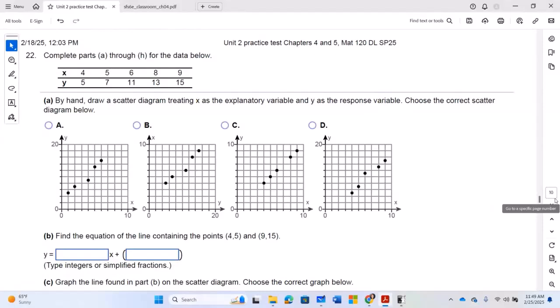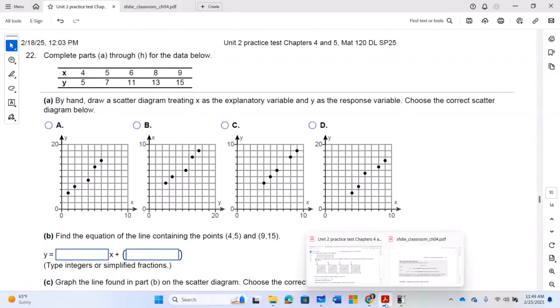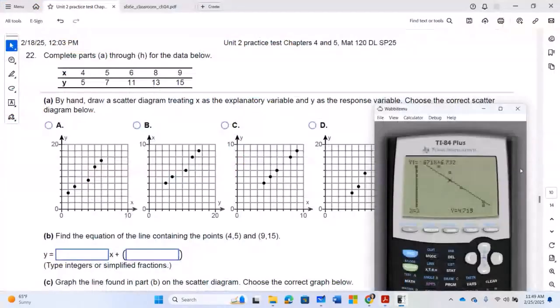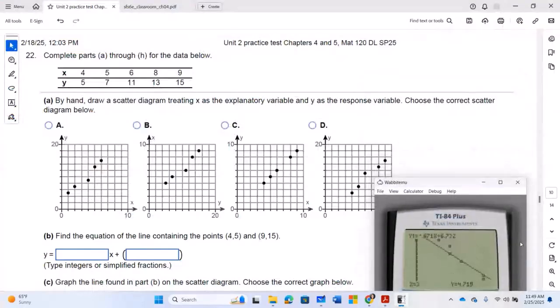So we start by hand, draw a scatter plot. They told us to draw a scatter plot, but you don't really have to. If you draw it, that's fine. I am going to put my data. Because they told me to find the equation, the most important thing here is to find the equation of the line containing these 2 points.